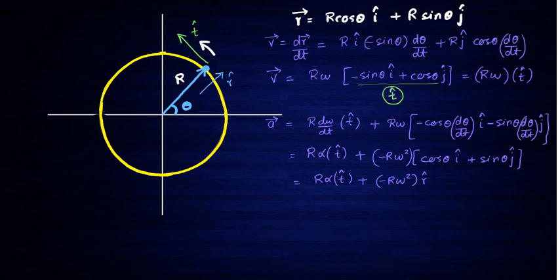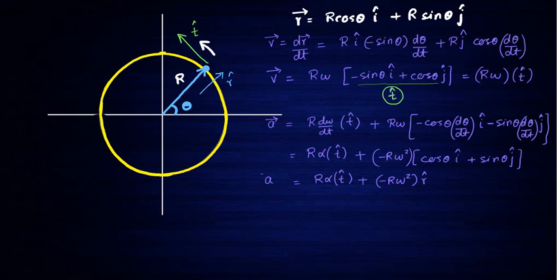So cos theta i cap plus sin theta j cap is a unit vector that is pointing along the radius in the outward direction. So this minus omega square R, or minus R omega square, is called the centripetal acceleration that is directed towards the center. It is the centripetal acceleration that causes the particle to turn and maintain its circular track.